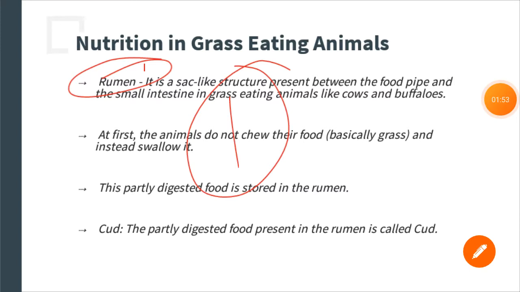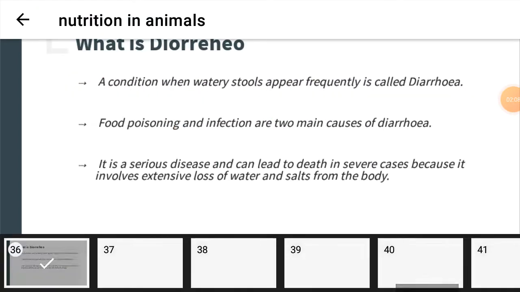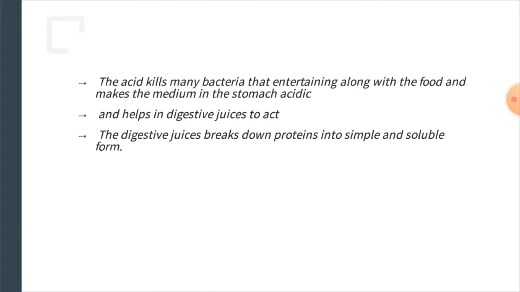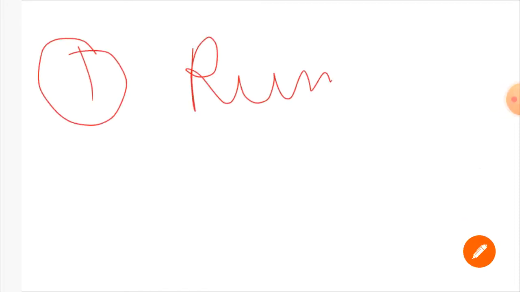Let me just write the spellings of it. It's not there in NCERT, but you need to remember it. Just wait a second. Let me get a blank one. Got it. So first one is rumen, which is the most important one actually.